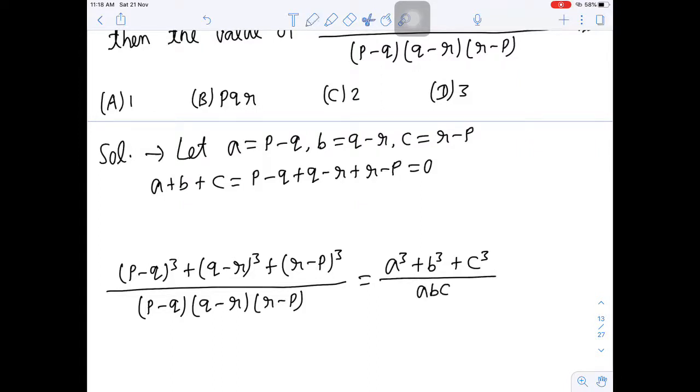Now you know that if a plus b plus c equals 0, then a cube plus b cube plus c cube will be equal to 3abc. So in place of this, you can write 3abc divided by abc. So abc will get cancelled and you will get 3.